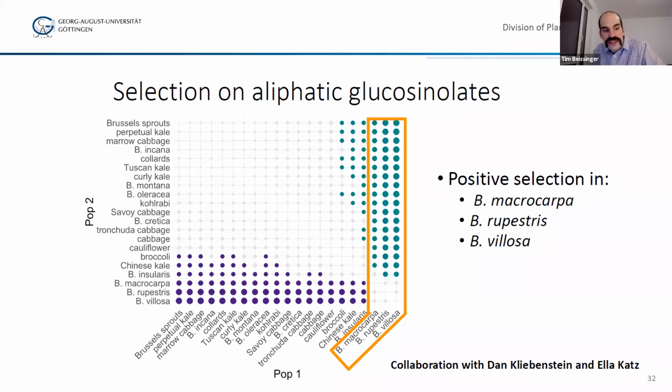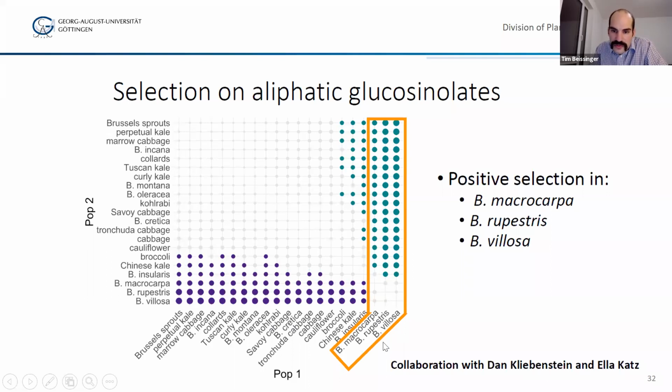And humans in general have selected Brassica species or crops that have lower levels of glucosinolates. So when Sarah applied the Ghat test across these brassicas, what she found is that there was selection for higher glucosinolate levels in most of the wild species in her study.